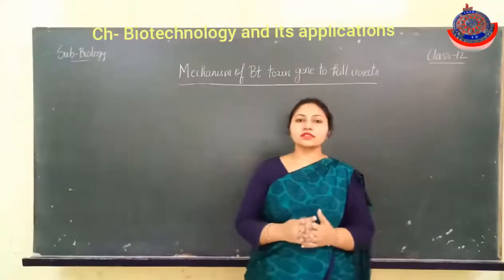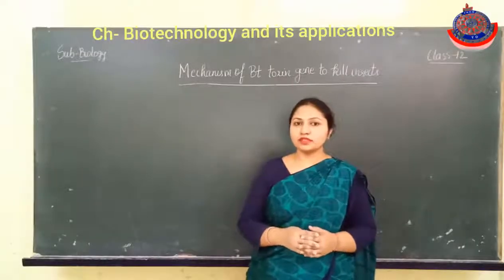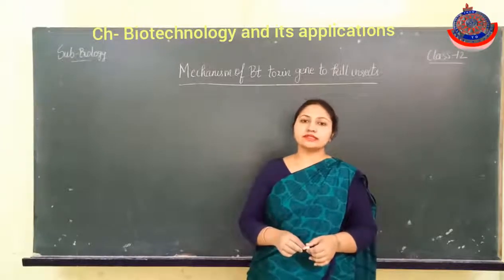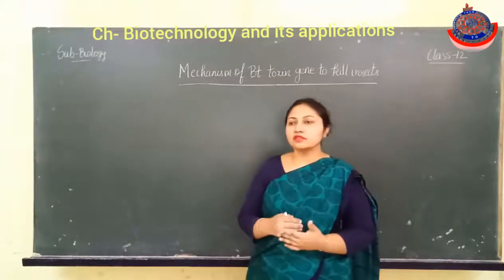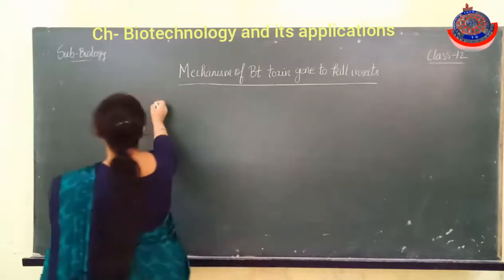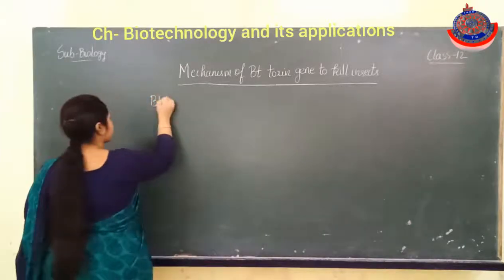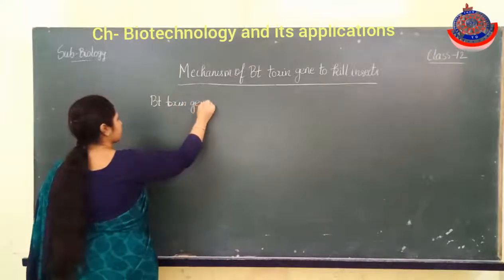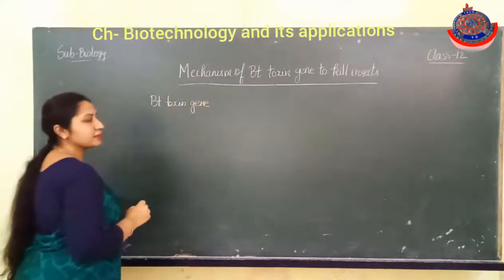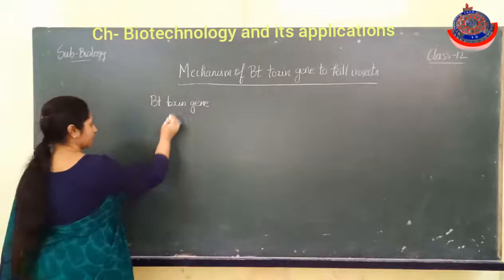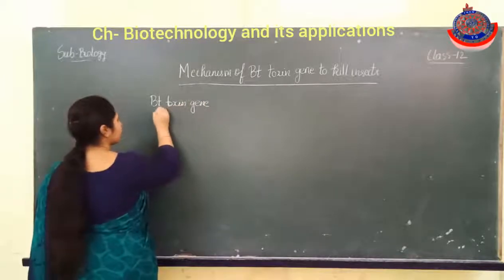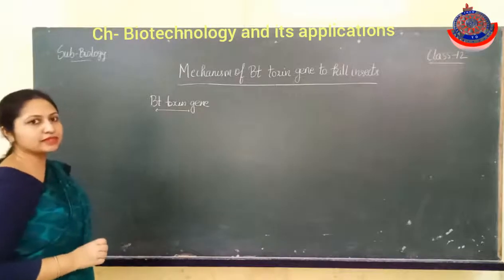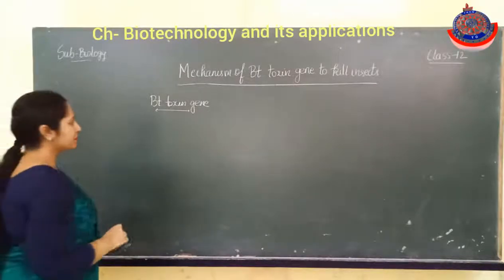So now we will discuss the mechanism of the BT toxin gene, how it is responsible for killing the insects. Clear? So let's discuss in detail. The BT toxin gene is inserted in the plants in the form of rDNA. But why is this gene not harmful in the case of Bacillus and in the case of plants?